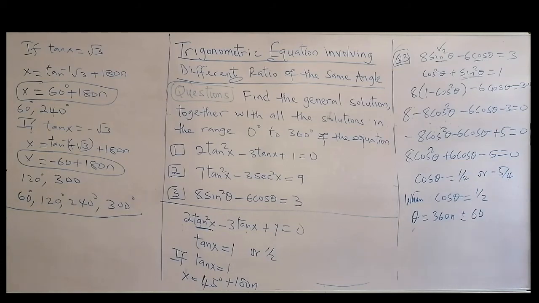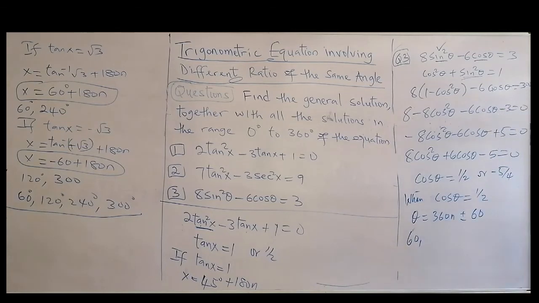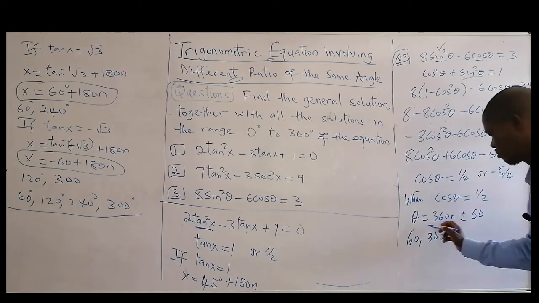When n is equal to 0, we have 60. When n is equal to 1, we have 360 minus 60, that's 300. If you say 360 plus 60, that will be outside the range. So we need to go for the negative sign there. So that's all we can get for this equation.